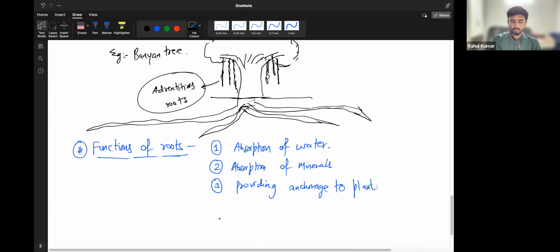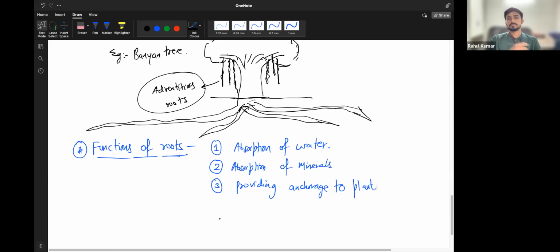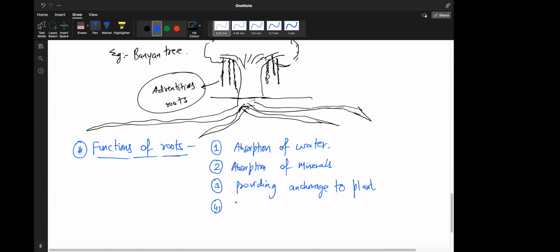How many of you? Yes, Kiram. Plant growth. Yes, you're right. Do you mean to say that roots produce some hormones called plant growth regulators? Exactly.